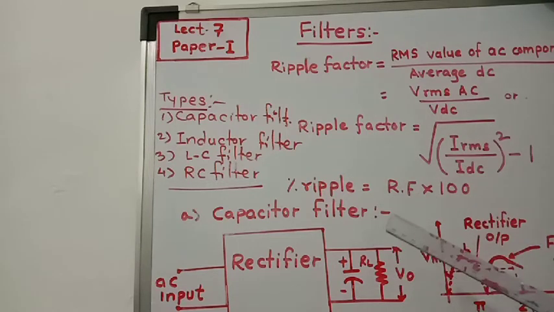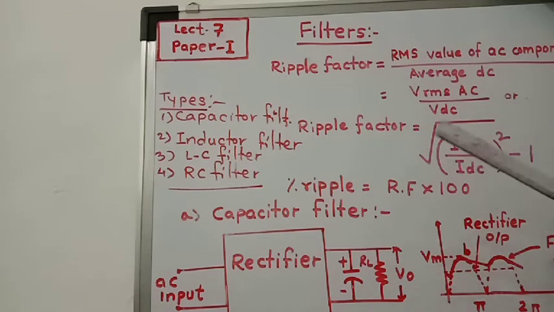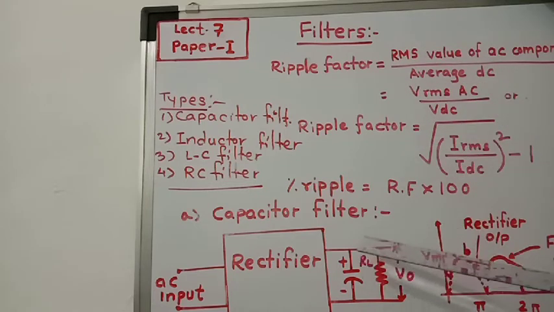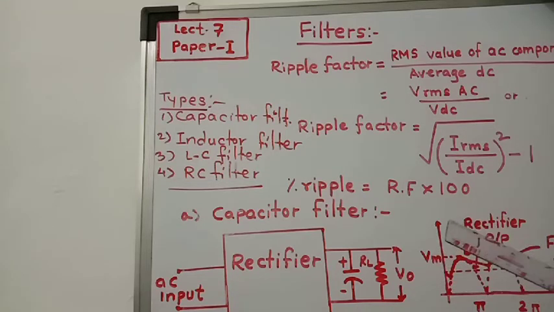We know that the capacitor has a property to pass AC. A capacitor passes AC and it blocks or opposes DC. Okay, because we know that the capacitive reactance XC is equal to 1 upon 2 pi FC.